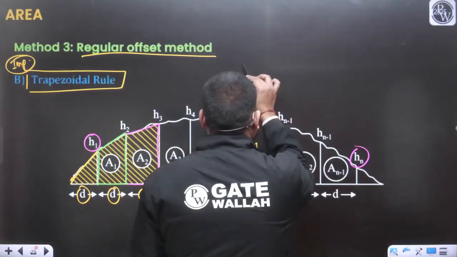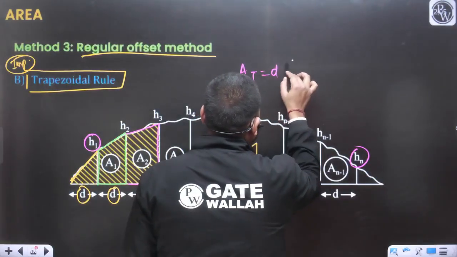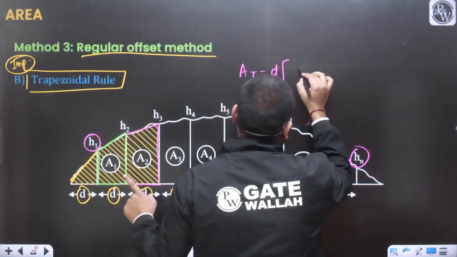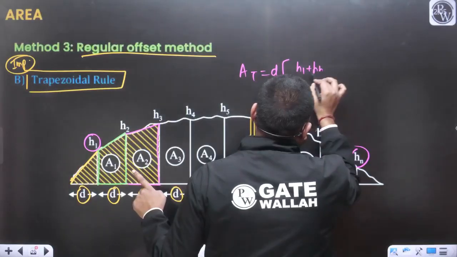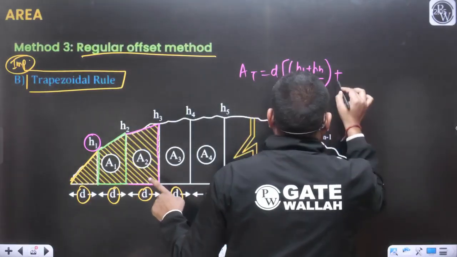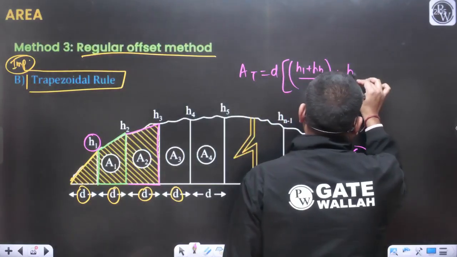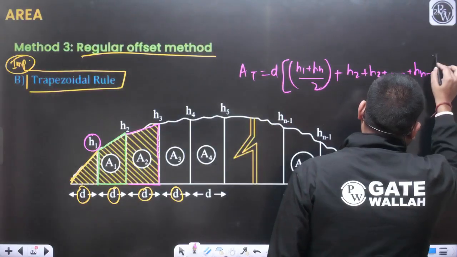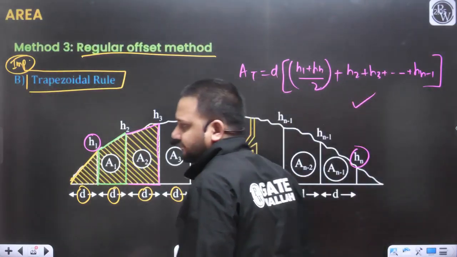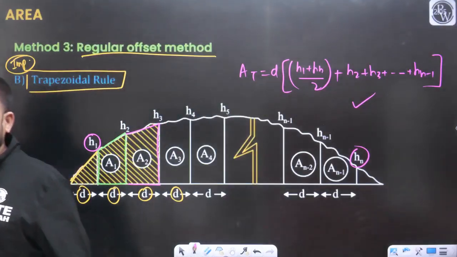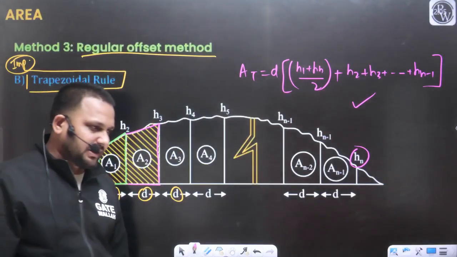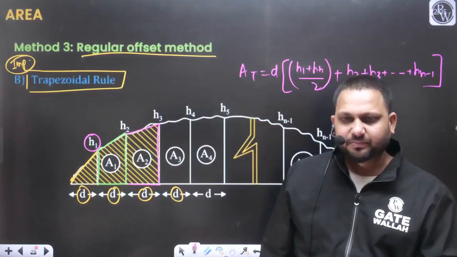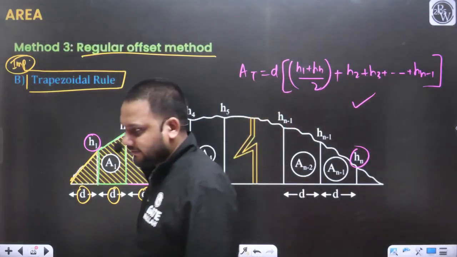So total area equals d times the first and last offsets, H1 plus Hn by 2, plus the remaining offsets H2 plus H3, and so on, plus Hn minus 1. Obviously, the trapezoidal method will be more accurate as compared to the previous method, the average offset method.